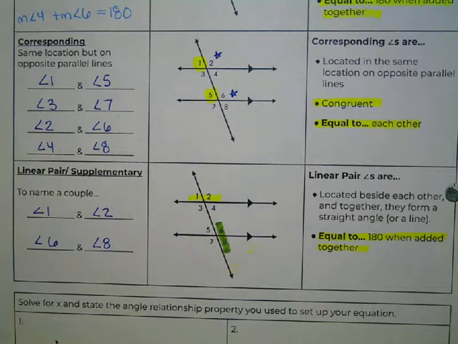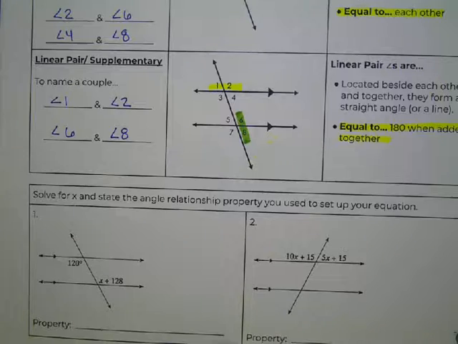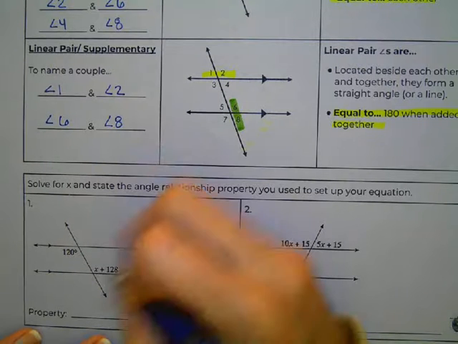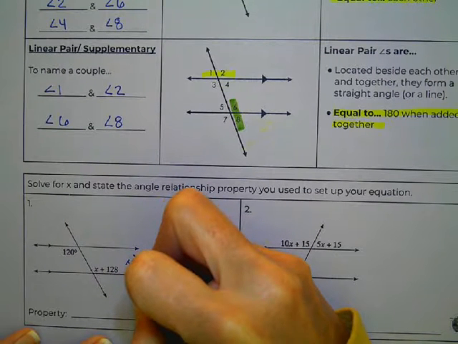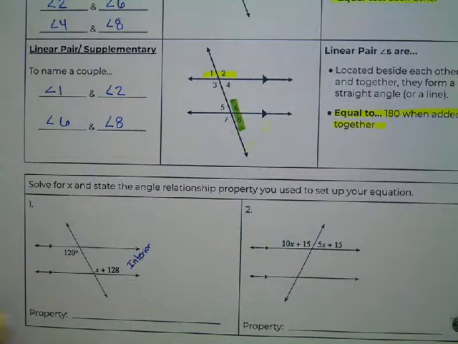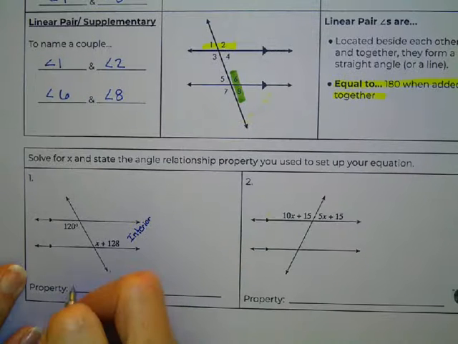Alright, we're going to try a couple examples, and then I'm going to have you try a few on your own and see how you do. Going back here: solve for x, state the angle relationship property. You want to identify what kind of relationship these are. They are on the interior of this picture, so interior narrows it down, and they're on opposite sides, so these are called alternate interior.